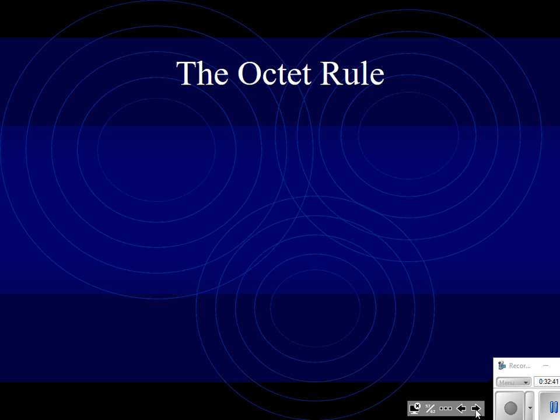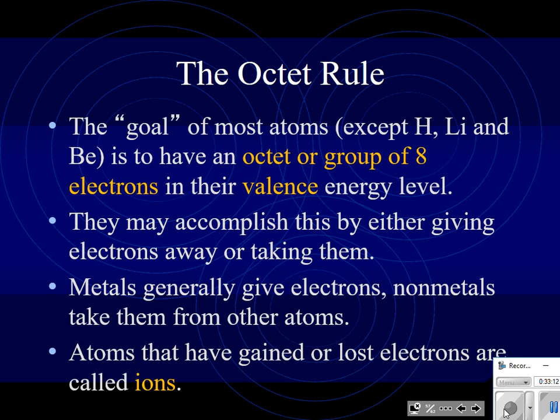Now we're going to get into a little bit of background terminology. The next few slides are going to be terminology slides. I don't know if this is a good time to do it or not, but we're going to do it anyway. There's no better time than the present. So we're going to talk about the octet rule. Oct is 8.